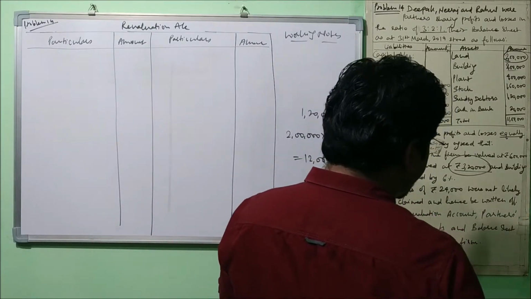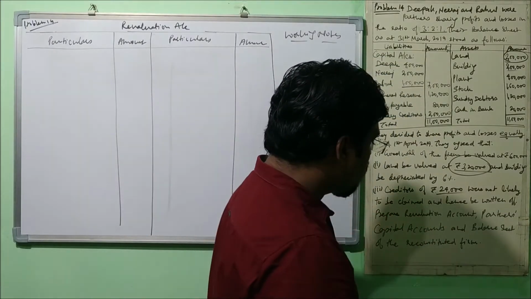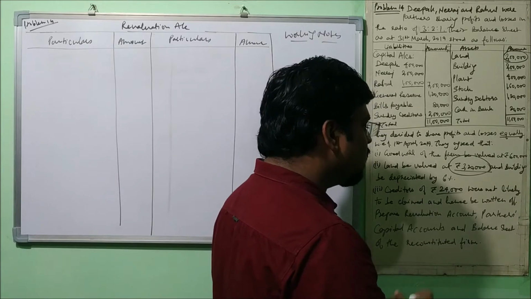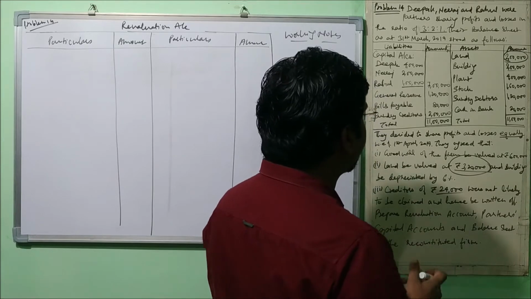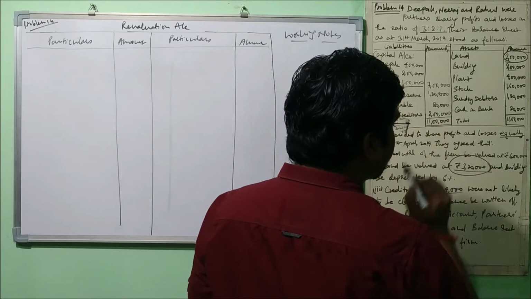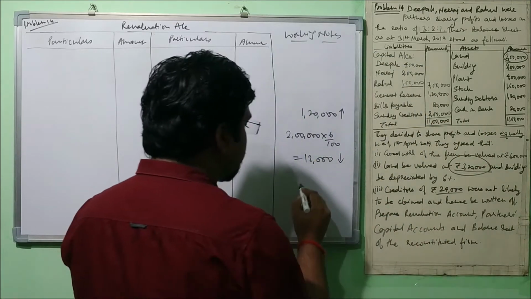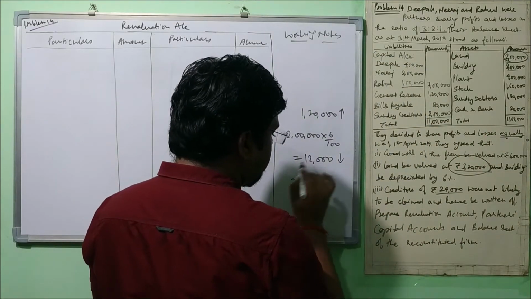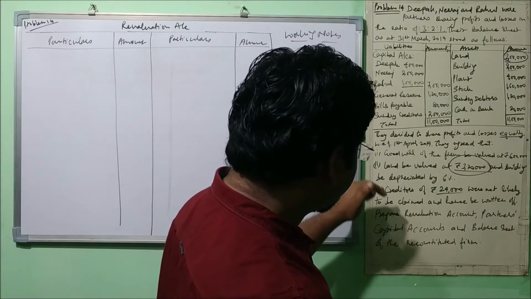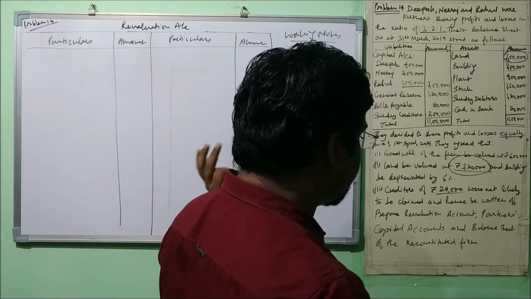Creditors of rupees 24,000 were not likely to be claimed and hence be written off. Means the liability decreased. Out of these creditors of 2 lakh rupees, 24,000 have gone down, meaning a decrease. Fine. No other adjustment is related to revaluation.